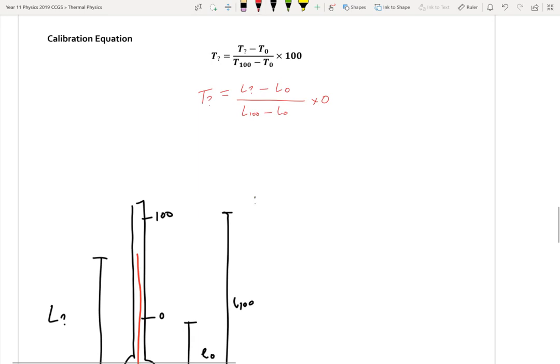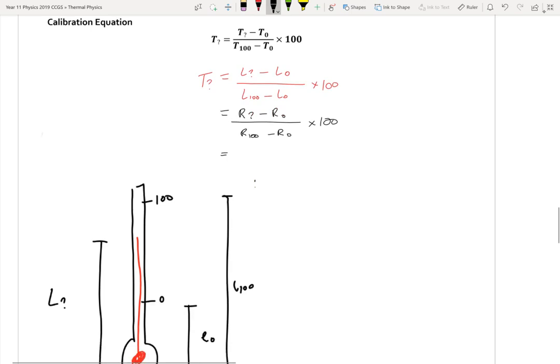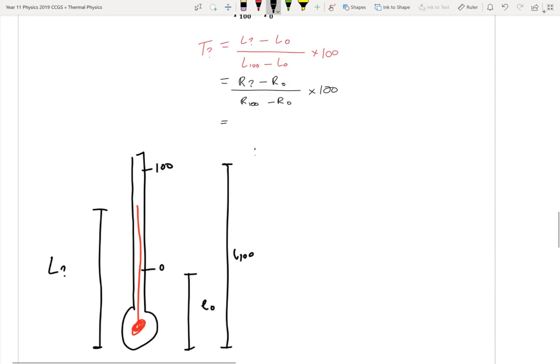Oh, that should say 100, not 0, because that would be bad. Or resistance. Or we could use a thermocouple or pressure. You get the idea. We could use any. So an unknown voltage of the voltage of an unknown temperature.